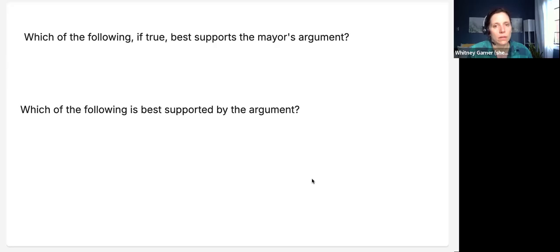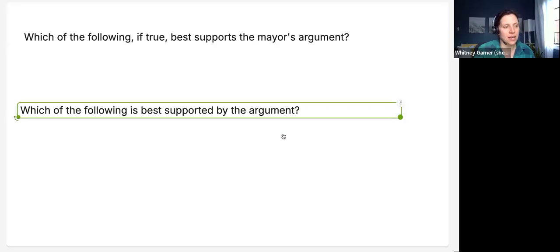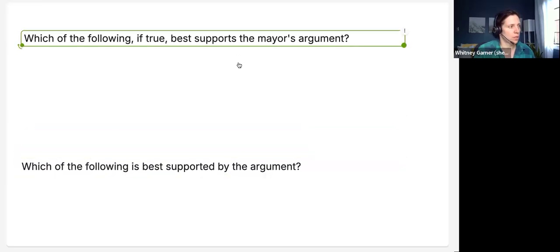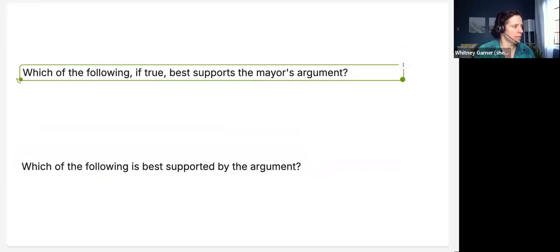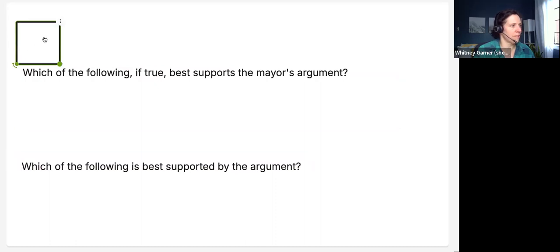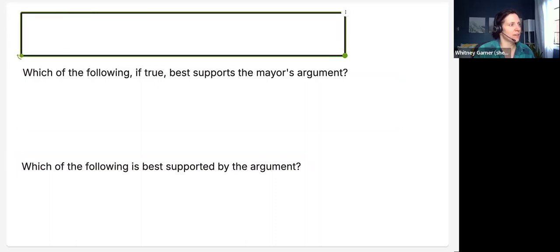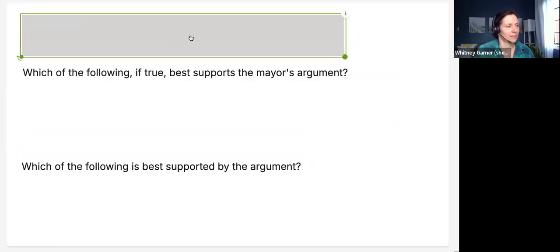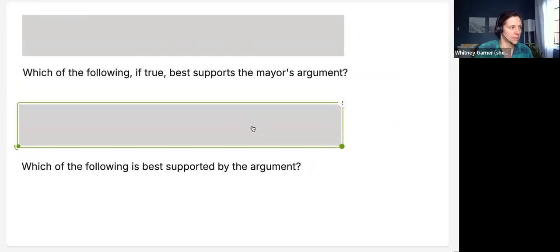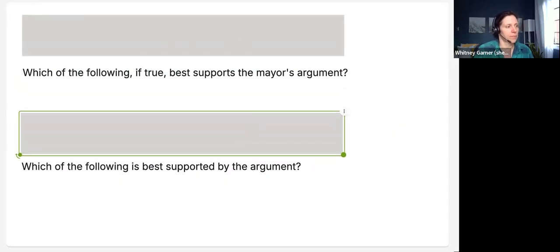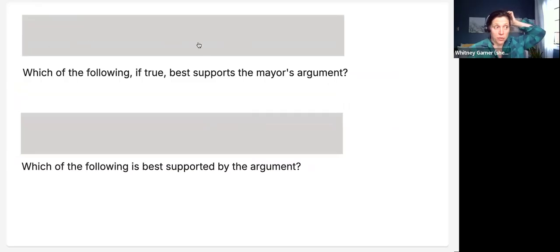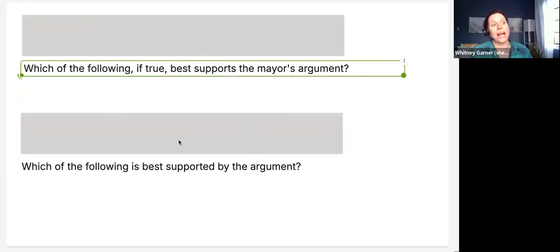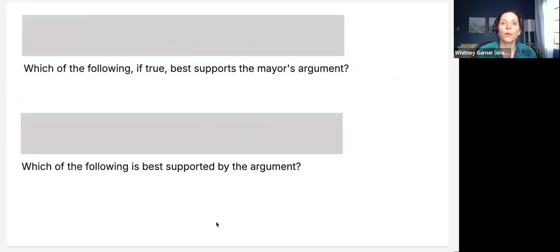So this is when we are thinking about, right? So I'll give you both of these with a little fake argument above it. Here's some fake text in gray. Here's our little fake argument up here. And this is the argument. The key to both of these questions is the direction of support.